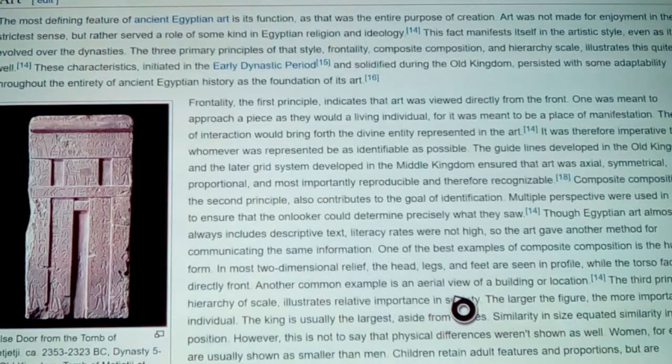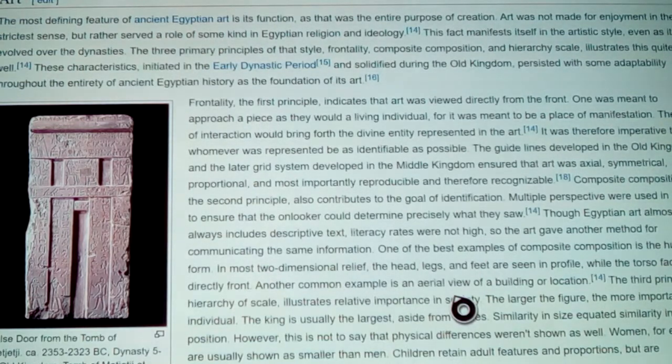The act of interaction would bring forth the divine entity represented in the art and would be in your presence. It was therefore imperative that whoever was represented be as identifiable as possible.